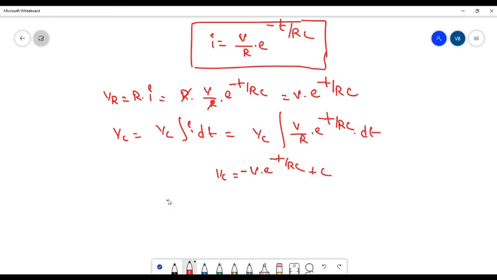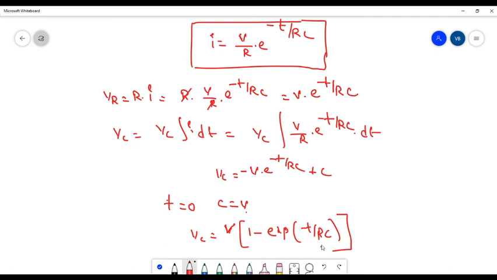For the constant, take the initial condition at time t equals 0. Then the total Vc is V into 1 minus exponential of minus t by RC, which is exponentially increasing.